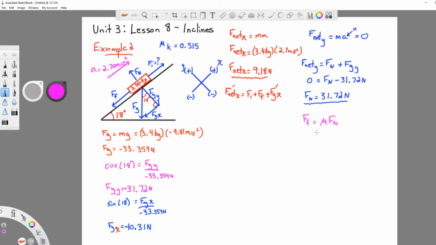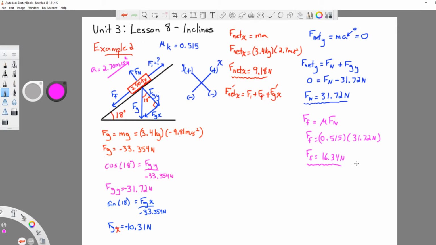We have both those values, so we can say force of friction is equal to 0.515 times 31.72 newtons. Getting a little bit further into this here, we get our force of friction works out to 16.34 newtons.